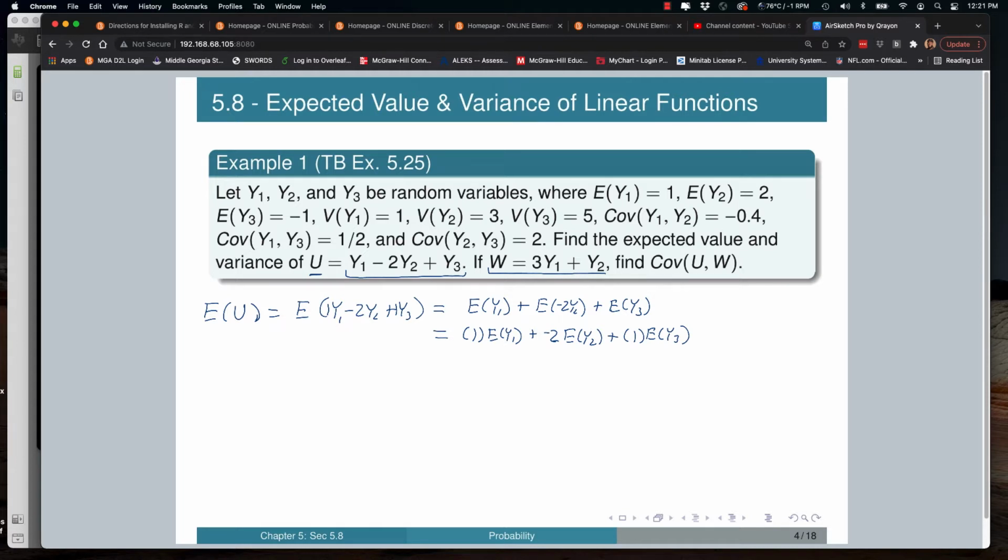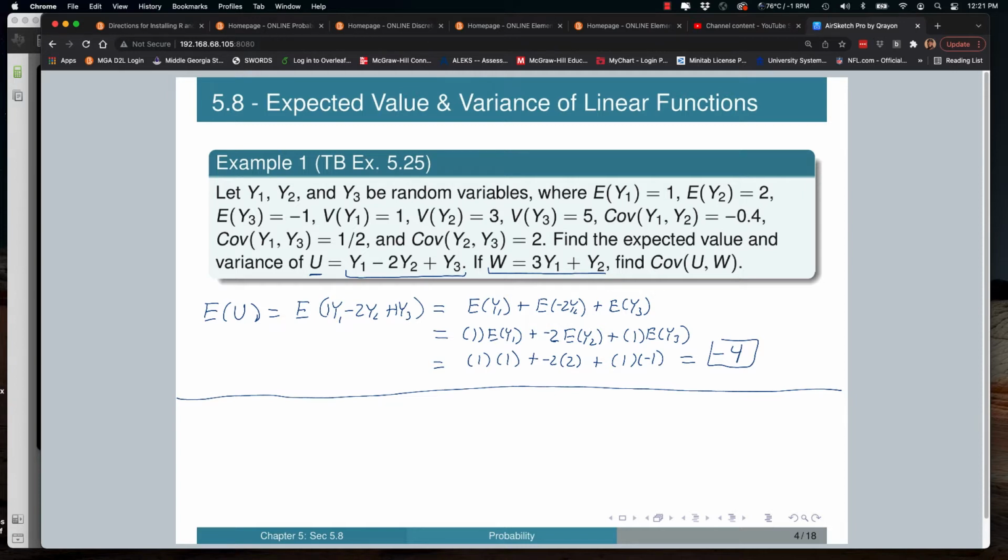We end up just plugging in the numbers we have up there, and it becomes an algebra problem at this point: 1 times 1, plus negative 2 times 2, plus 1 times negative 1, which gives us the expected value of u to be negative 4. All right, and that's all there is to that.